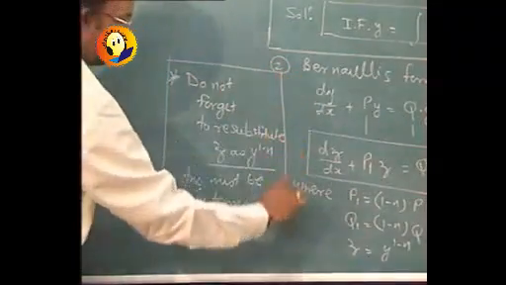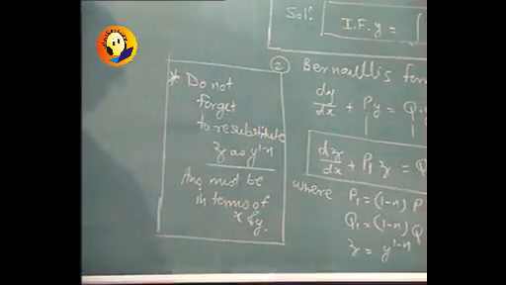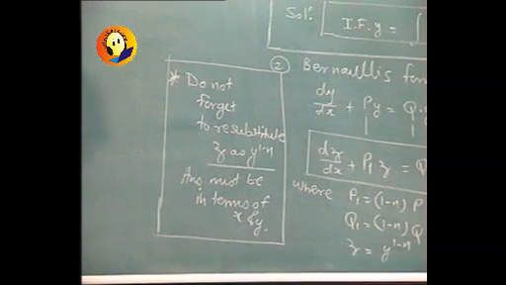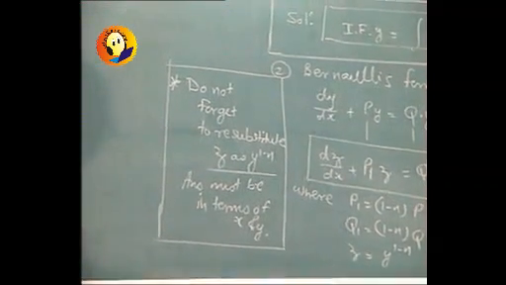This is the important note that you will have to follow. The equation can be very well reduced to the first form, and it will be a simple and straightforward task.